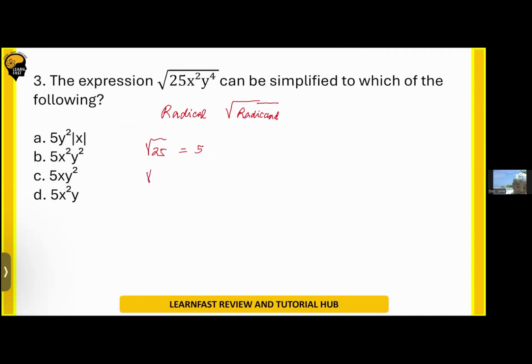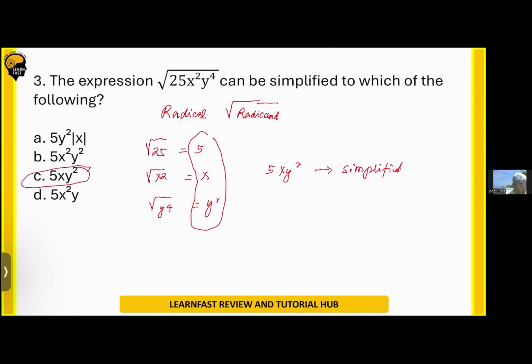The square root of x squared is x. The square root of y to the 4 is y squared. You have to multiply all these 3, so you have 5xy squared. This is the simplified form. Matching it with our solution, it matches option C.